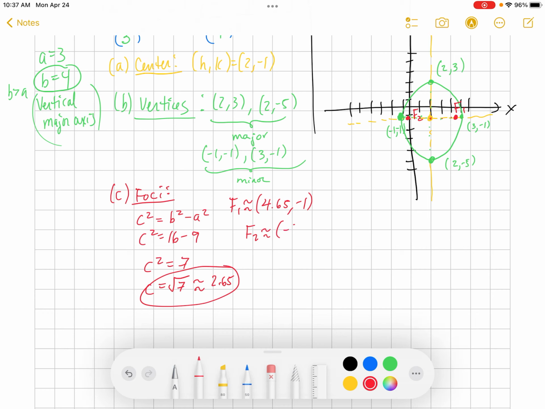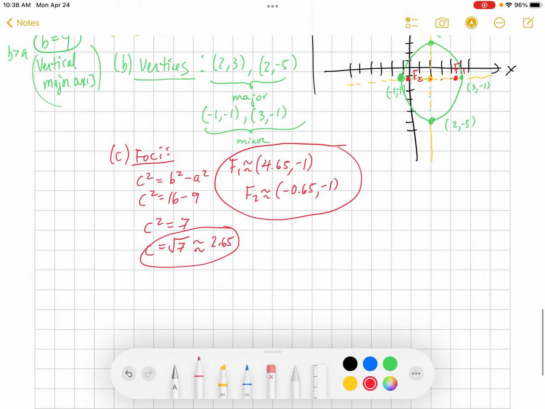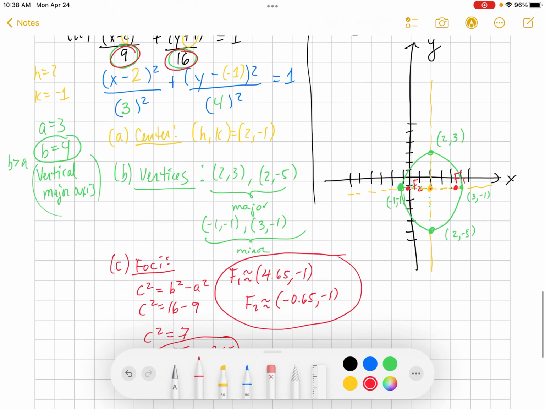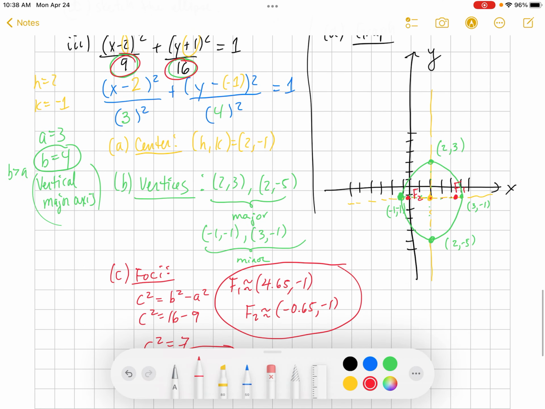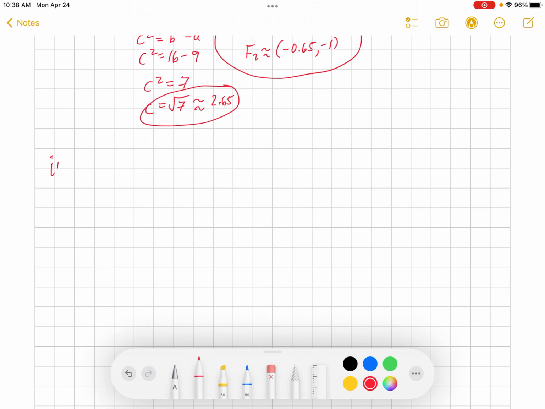And for F2, negative 0.65, negative 1. Those are my two foci. For part D, I have my graph. There it is. So there's your full graph.